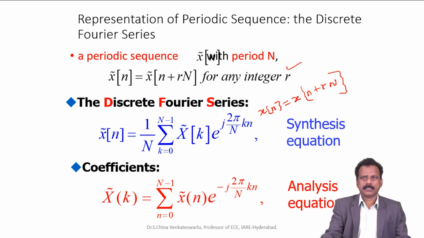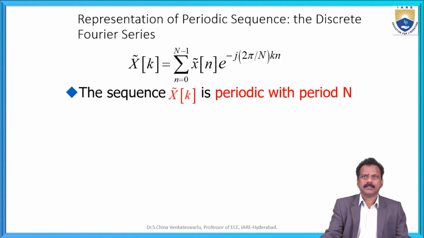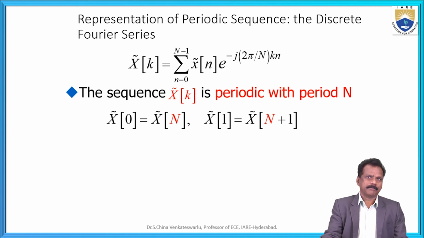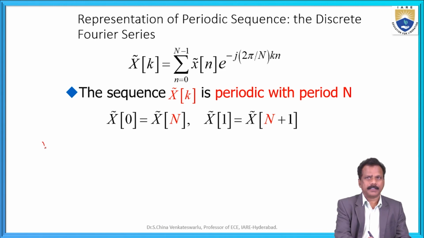With this synthesis equation and analysis equation, based on this DFS, the discrete Fourier series, we have to represent the periodic sequence, where the sequence X of k is periodic with period N, and k equal to 0, 1, 2, 3 up to N minus 1.